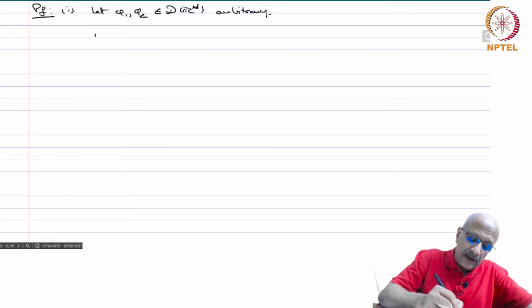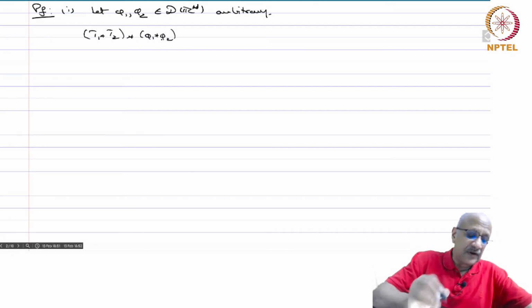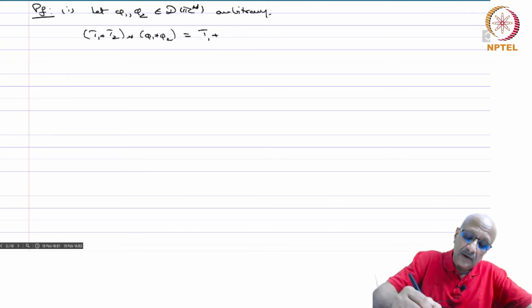So, let us take (T1 star T2) star (phi 1 star phi 2). So, this again is a C infinity function with compact support. So therefore, we know you have two distributions, one of them with compact support, and a C infinity function with compact support. So we have proved this theorem: T1 star (T2 star (phi 1 star phi 2)).